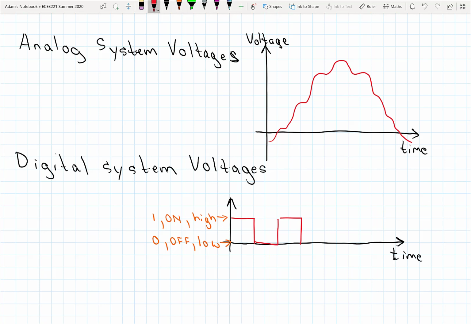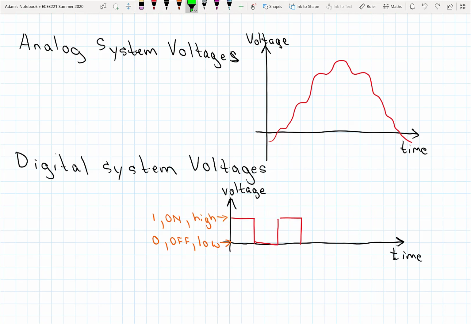Now this still could be a voltage axis here, but the specific value of these voltages might vary depending on the system you're using. This high level voltage value, it could be 2 volts, it could be 3.3 volts, it could be 5 volts. It all depends on the specific standard of the system that you're working with.